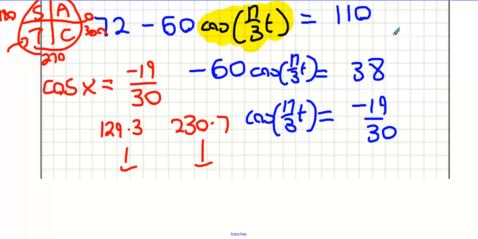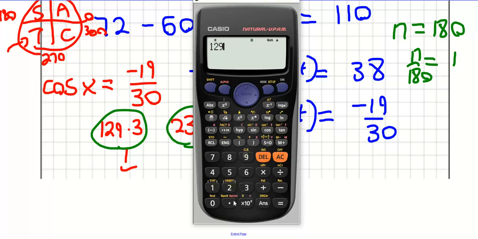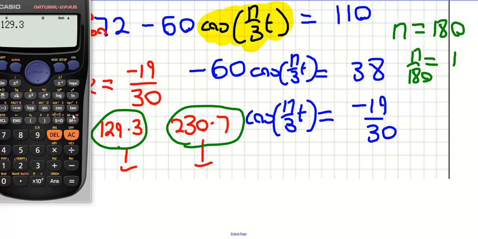Who knows how to convert angle into radians? Let's find out. Pi equals 180. 1 degree will equal what? So grab your number and multiply it by pi over 180 and change it into decimals. Multiply by pi, then divide by 180.